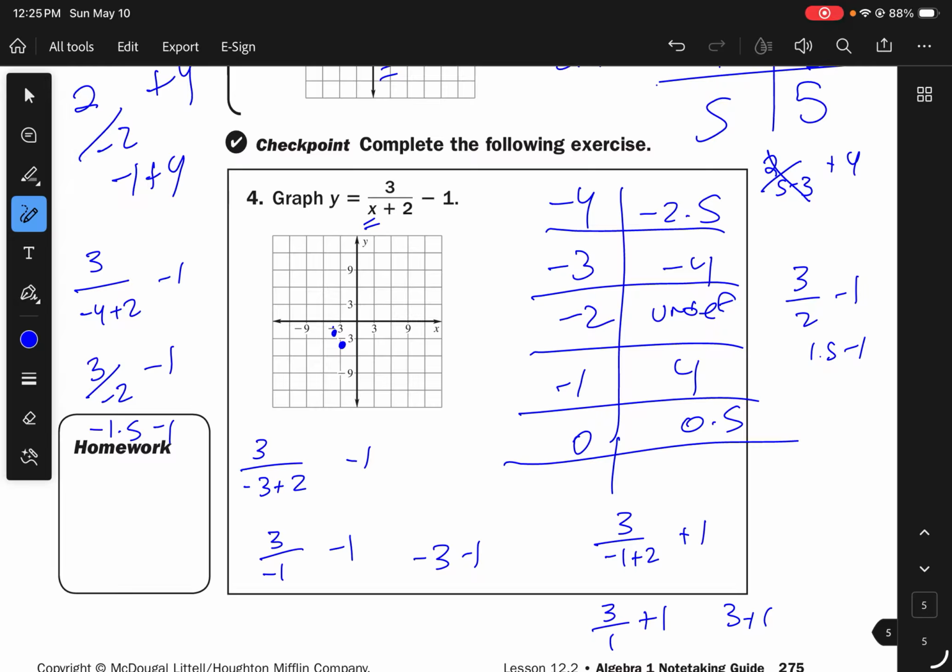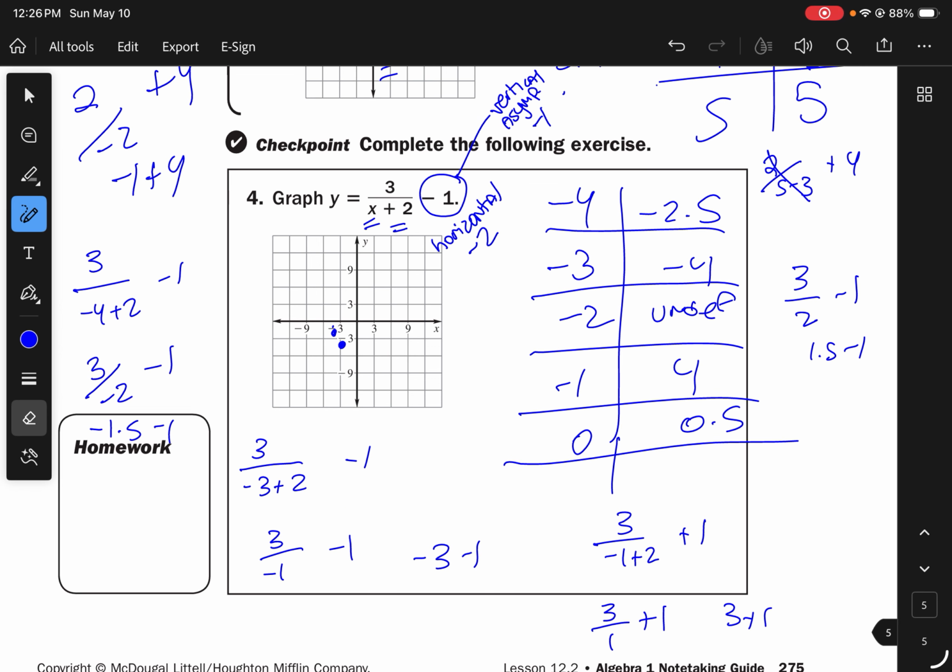We see here that our vertical asymptote will be at negative 1. Our horizontal, remember it's always the opposite of what's here to make that 0, would be at negative 2. Oops, let me erase this.